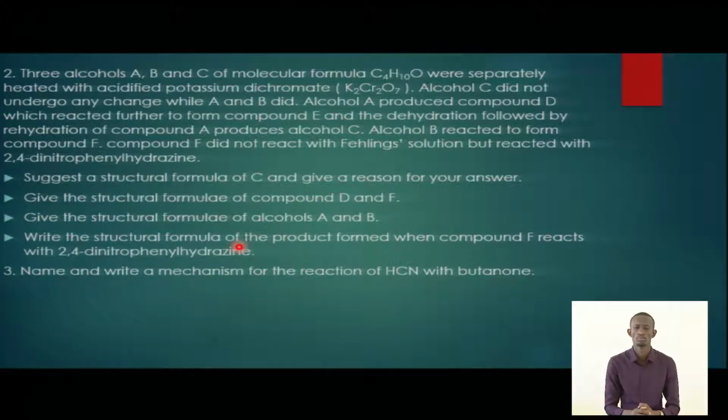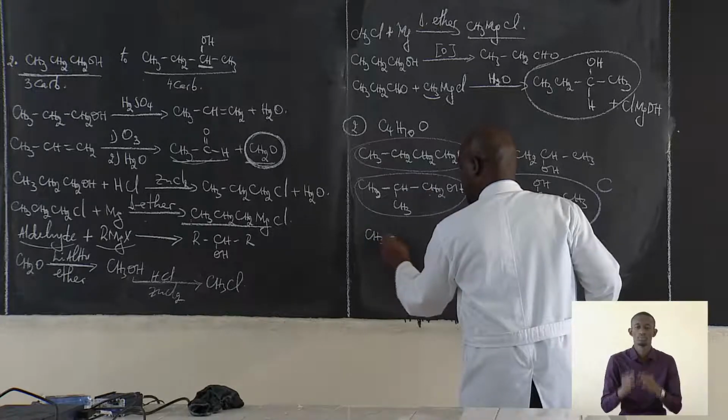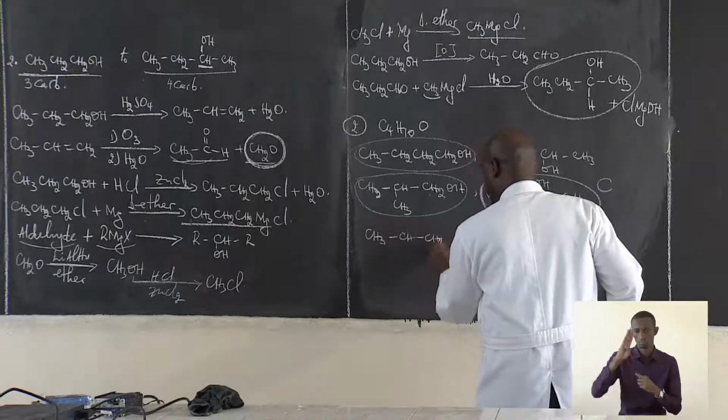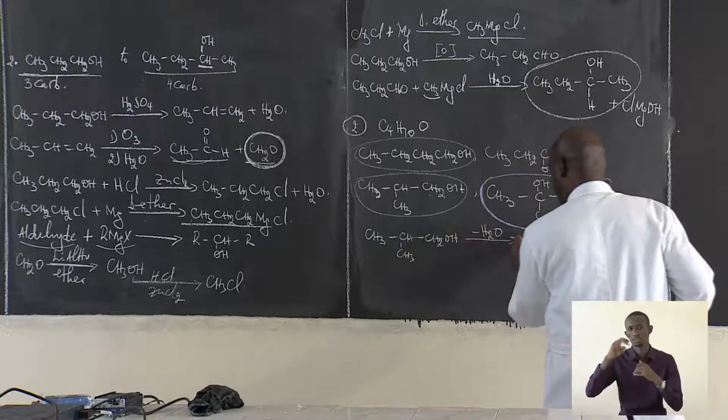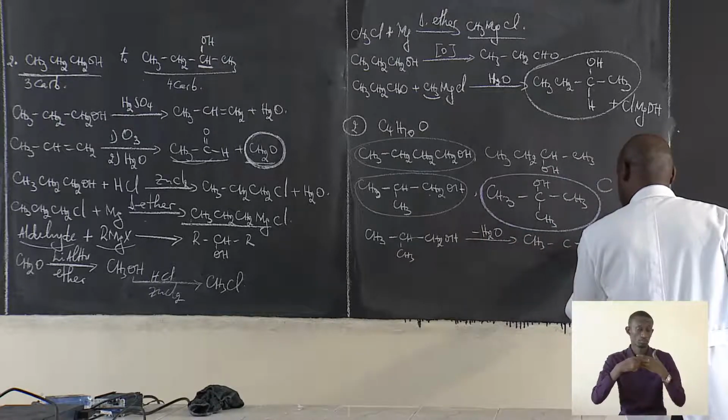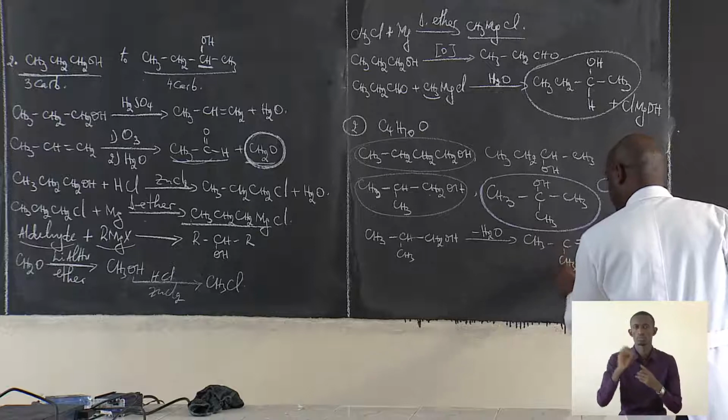It is said that it produced compound D, which underwent further oxidation to produce E, but the dehydration of A followed by rehydration produced compound C. So if we dehydrate CH3, CH, CH2, OH and CH3, if we remove H2O, we produce CH3, C, CH2 and CH3.